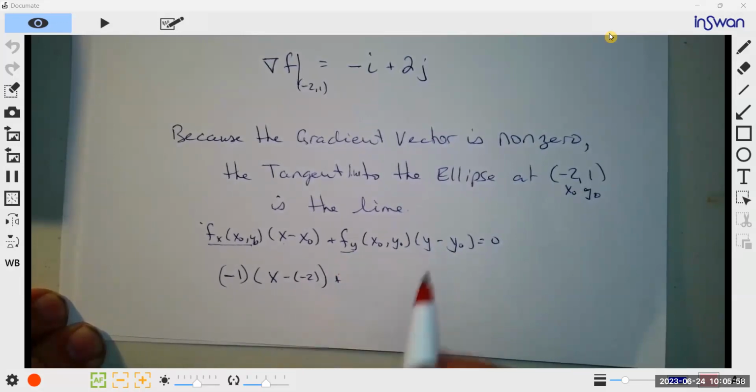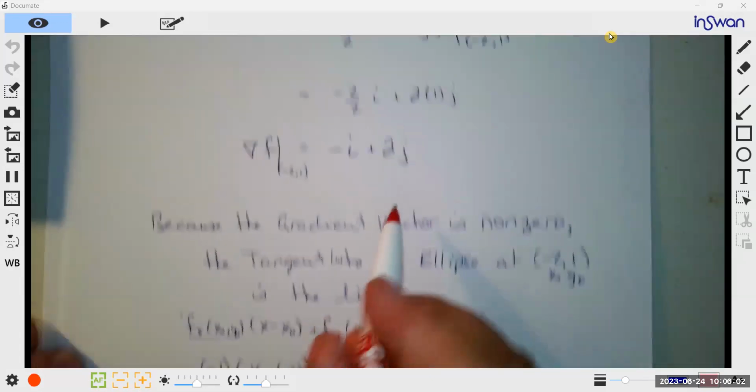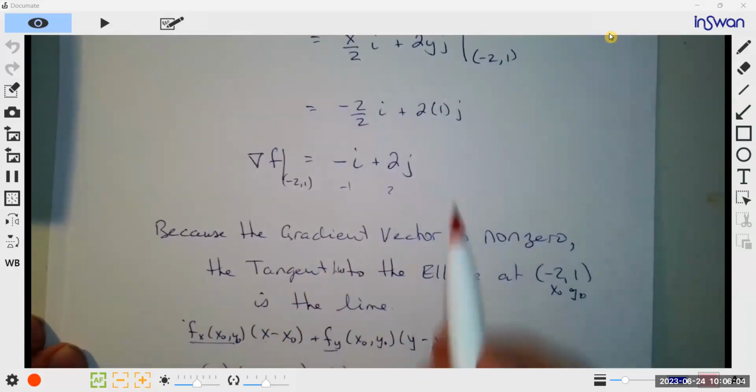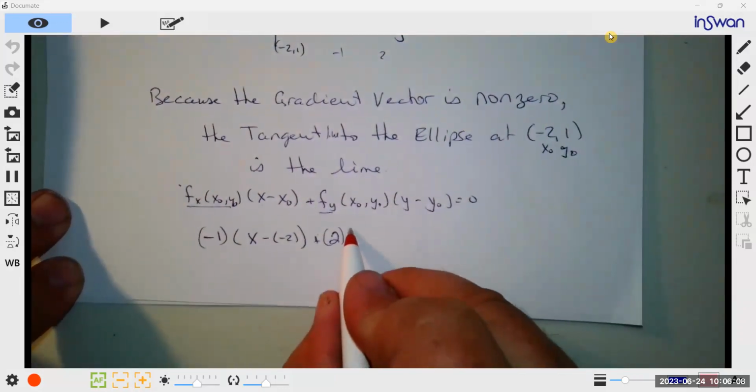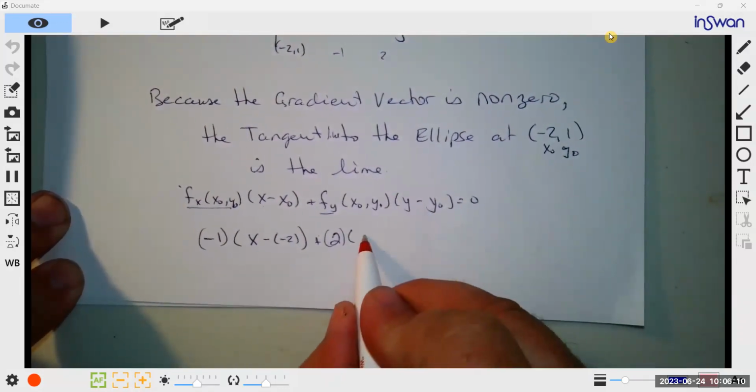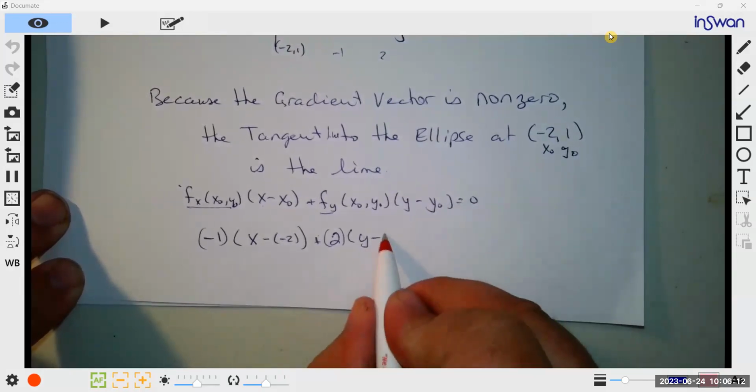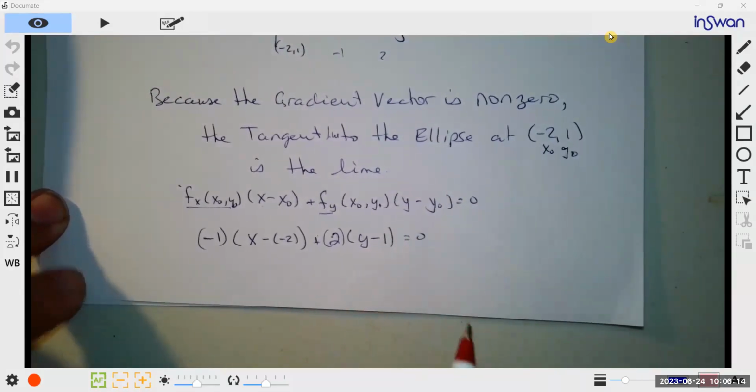Our y function was 2. Remember, here's -1, 2. y minus y sub 0 is 1.